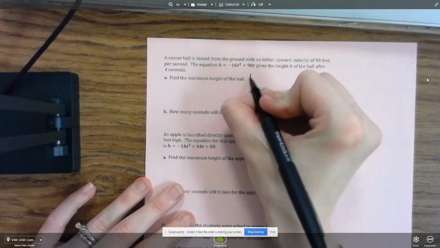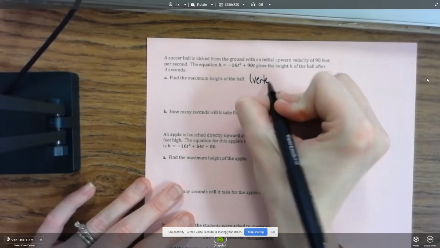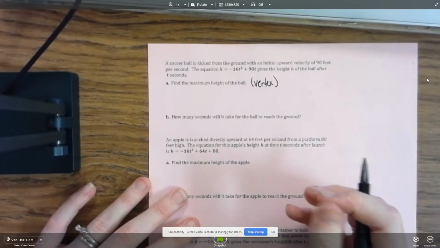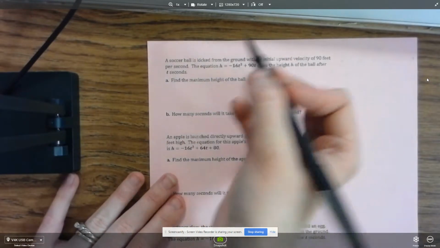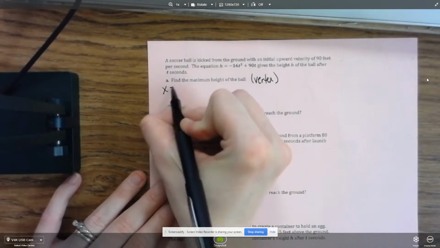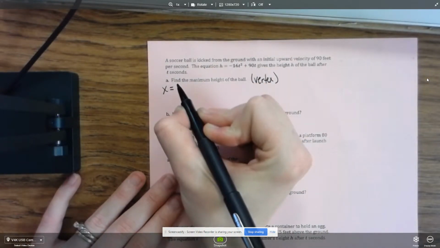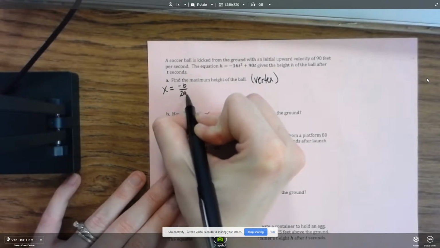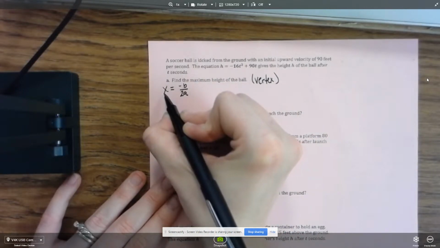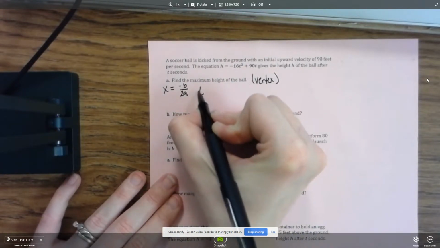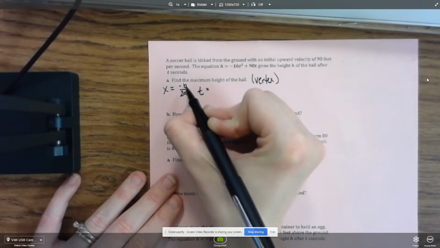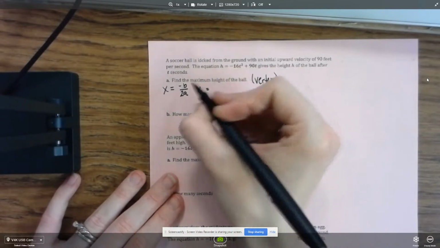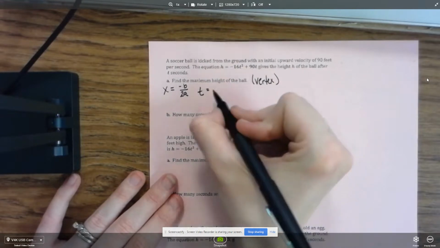So we're going to find the vertex. So if you remember, x equals negative b divided by 2a. So we're going to change this because x is now t, and b is, let's see, negative 90.